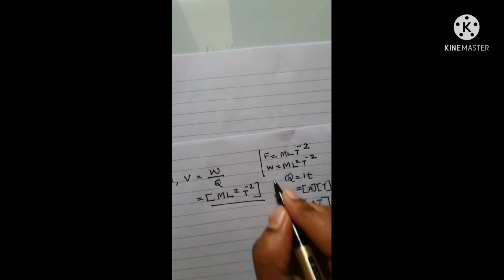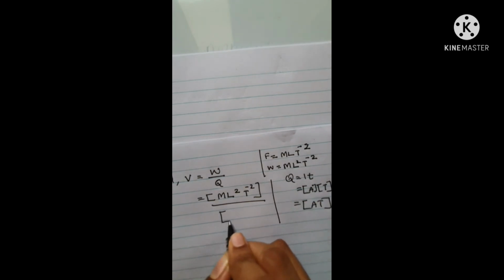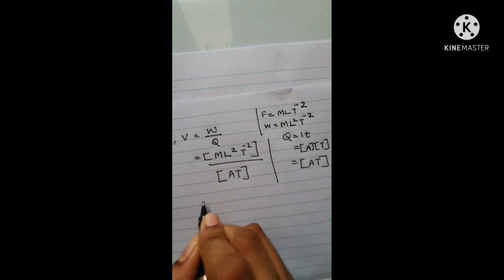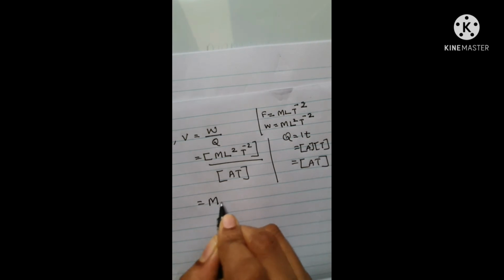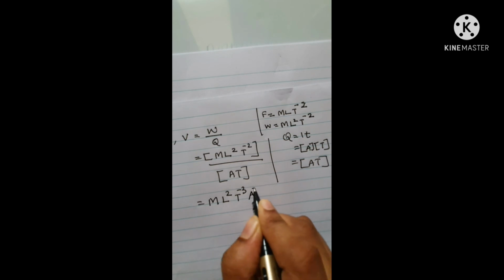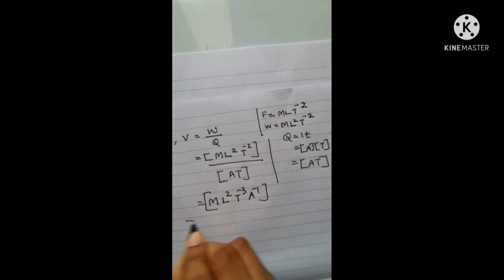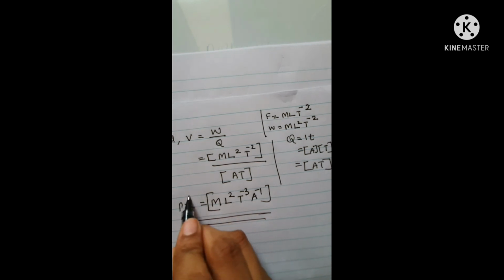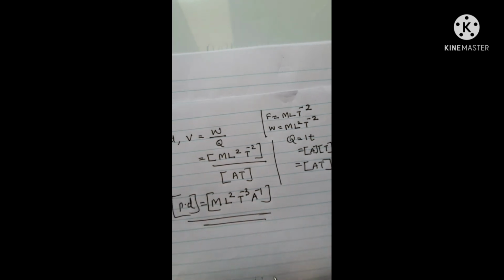So we will write that divided by A into T. When we write the formula, it will be looking like this for potential difference: ML²T⁻³A⁻¹. This is the formula for potential difference. Okay, this is the equation: ML²T⁻³A⁻¹.